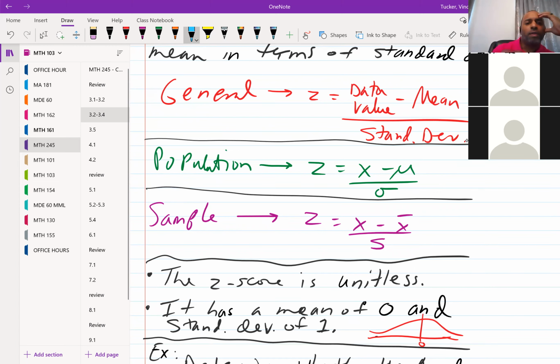If I'm not mistaken, my math lab asks you that statement about the mean being 0 and standard deviation being 1. But that'll make more sense when we get to our Z-score chart, which we'll use not in this chapter, but a few sections later. And it applies to the normal distribution.